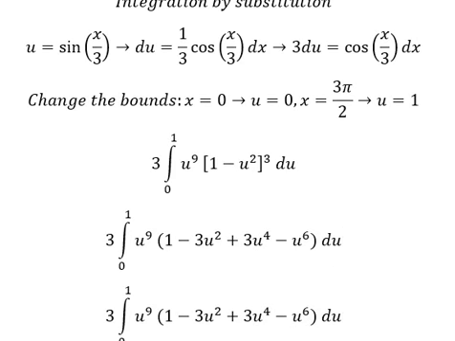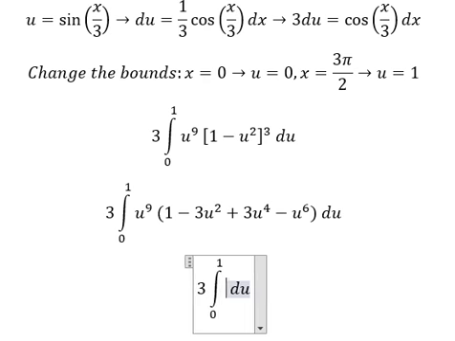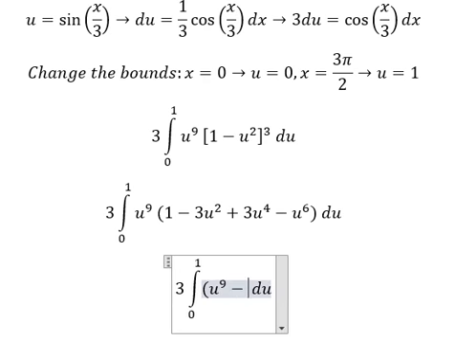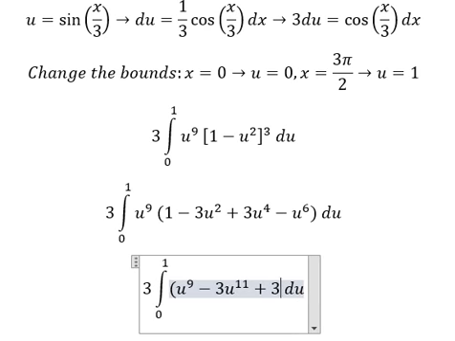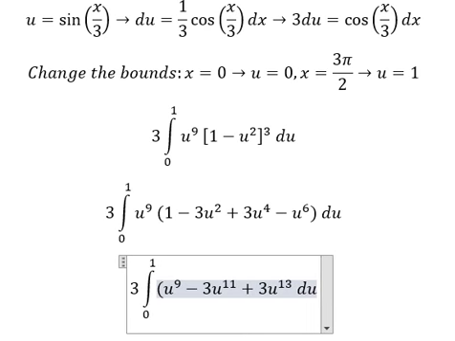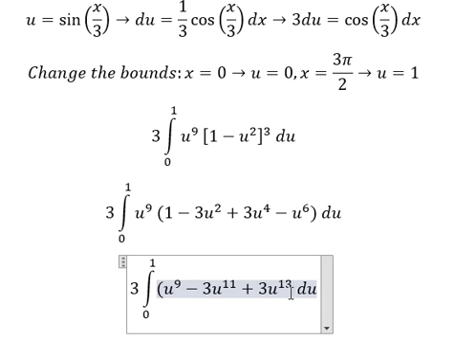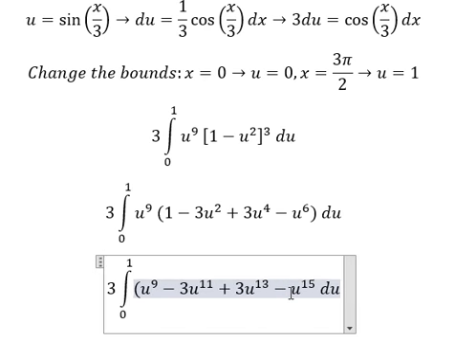U to the power of 9 multiplied by this one, this one, this one, and this one. So we will have u to the power of 9 minus 3u to the power of 11 plus 3u to the power of 13. And the last one is about u to the power of 15.